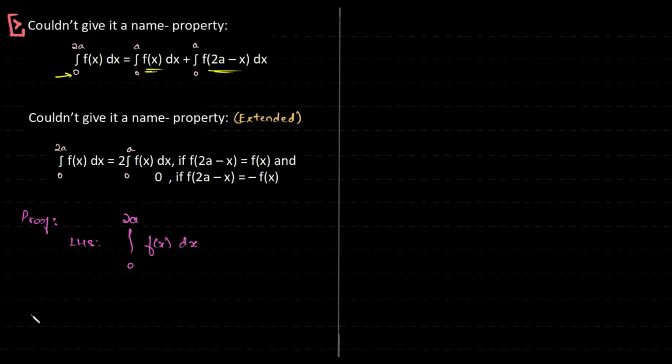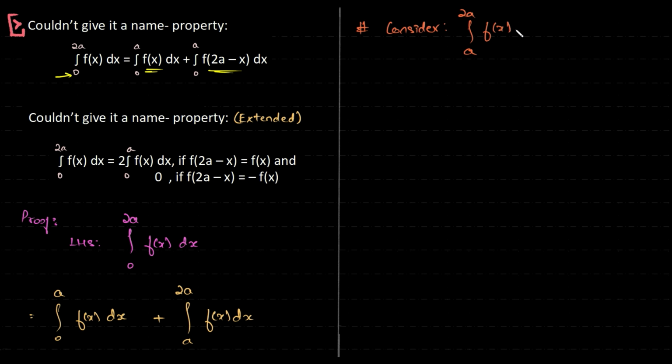We can split it as 0 to a f of x dx plus a to 2a f of x dx. Now we need to manipulate this. That's the one which has to change. So we'll consider the integration of a to 2a f of x dx.